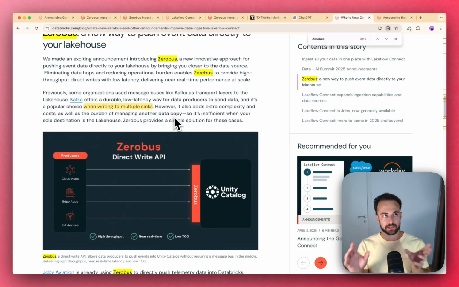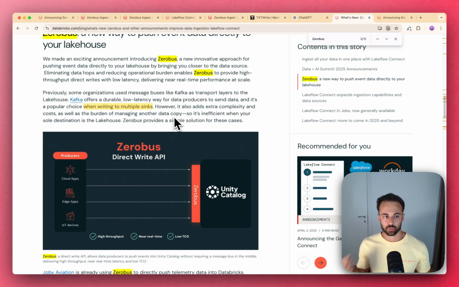So the way I conceptually see Databricks in the picture is where you don't need Kafka, actually, if you're writing to only one place, if your data should be going to only one sink, which is the lakehouse. Then you don't really need Kafka there, apart from just acting as a temporary buffer for your data in case something goes down, etc.